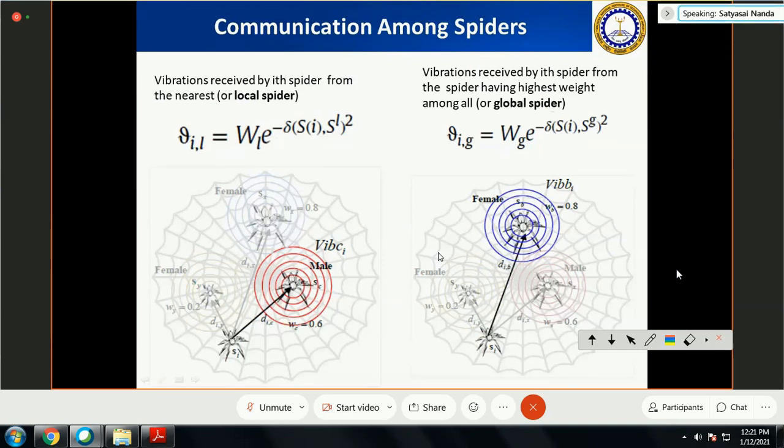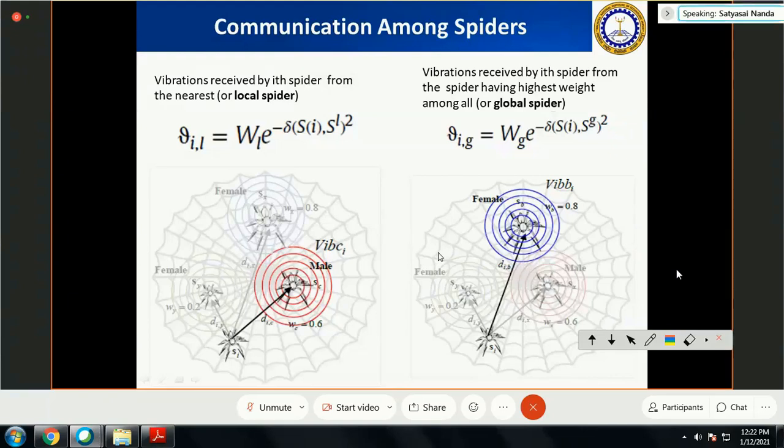every individual spider has to communicate with its nearby spider, that is the local spider, and it also has to obey the global spider relation, that is the healthiest spider in the particular community. SL is the local spider and SG is the global spider over here. With these two relations, we can observe that these relations are nonlinear in nature.